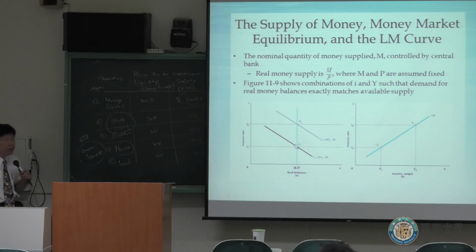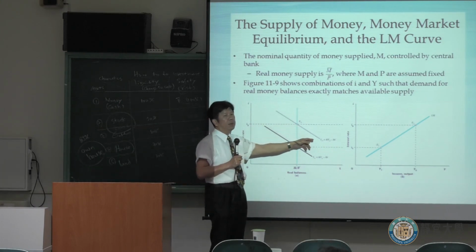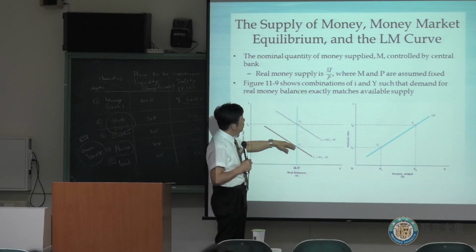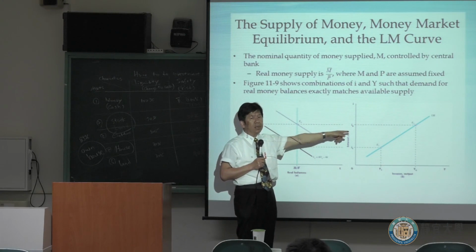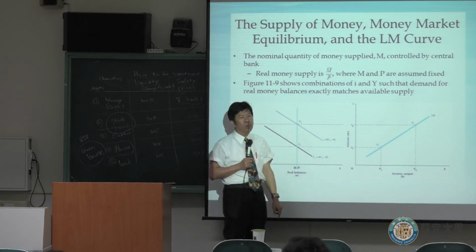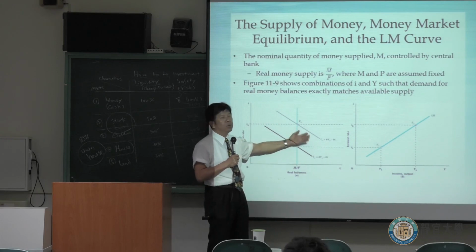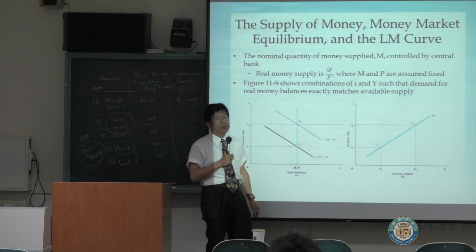So when income increases, the money demand increases, and then you can get this LM curve. Next week, we will show you another style. This is only one choice, but we can present many different styles to you.